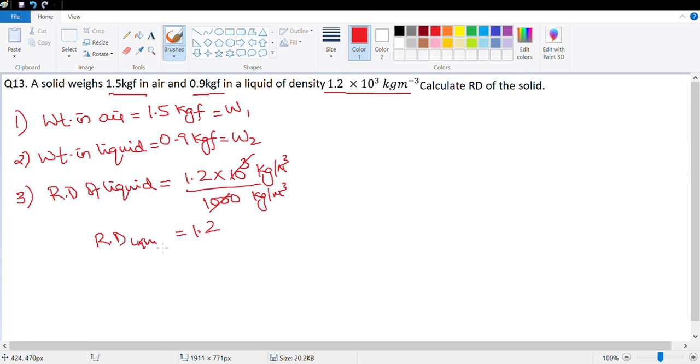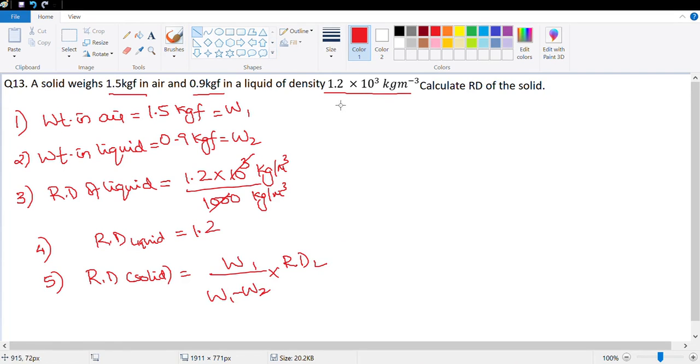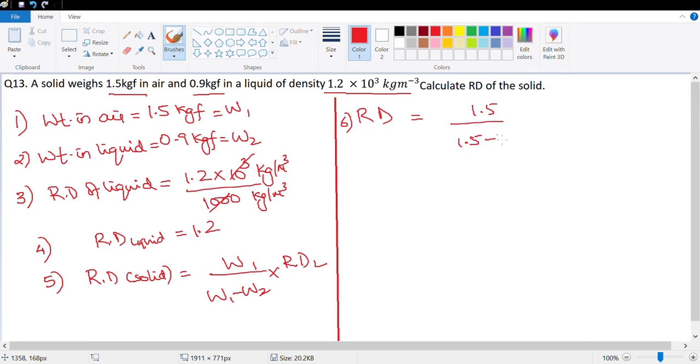Now let's put all these information in the formula. We know relative density of solid would be equal to W1 upon W1 minus W2 multiplied with relative density of liquid. Substituting values, what we get is relative density of the solid would be equal to 1.5 upon 1.5 minus 0.9 multiplied with 1.2.